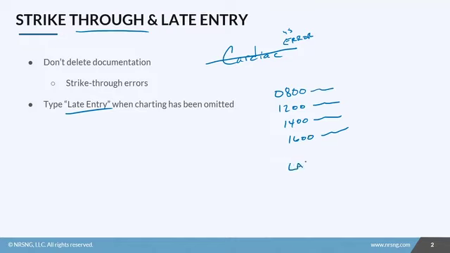What you can actually write is late entry. Literally the words late entry, 11:30, and whatever documentation you need to do. It shows that the care actually occurred at this time. You should also probably initial if you don't have the capabilities to do it. But by doing this, you acknowledge that this goes up in here, and it still happened.